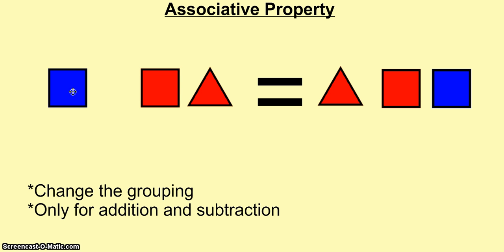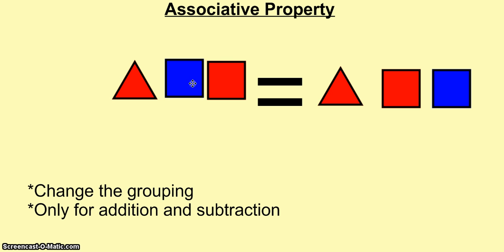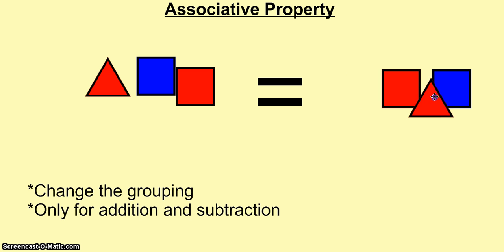If you notice, even though I change the grouping, on either side of the equal sign I have one blue square, one red square, and one red triangle. And no matter how I change the order, I'm still going to have the same amount of each type on either side of the equal sign.